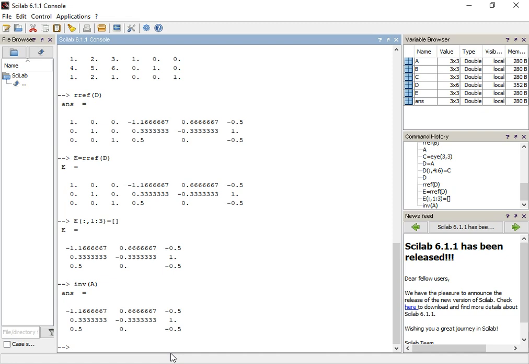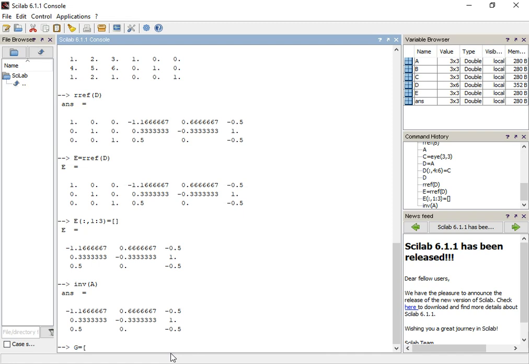If you want to solve some linear equations, you can also do that using the RRE process. Let me go for that also. Let me have another matrix G, the coefficient matrix of the linear equations given to you.